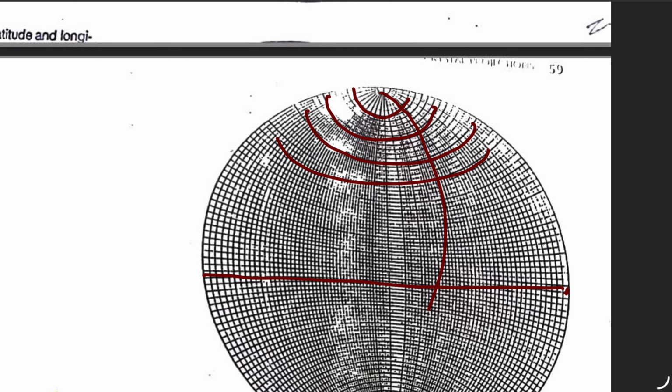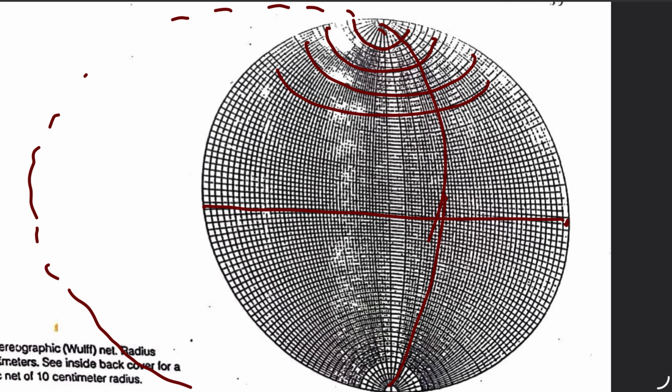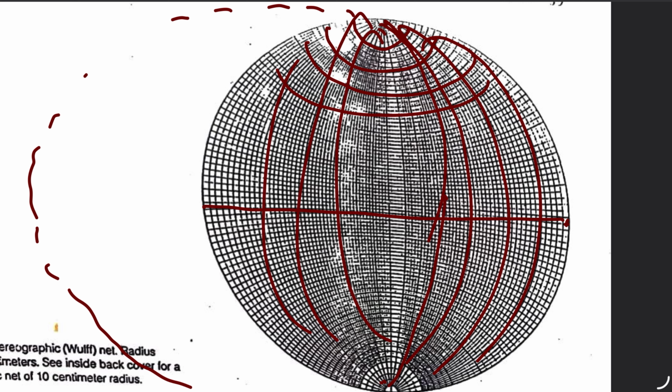These are the great circles, because they correspond to this circle. So they are the arcs of the great circles.